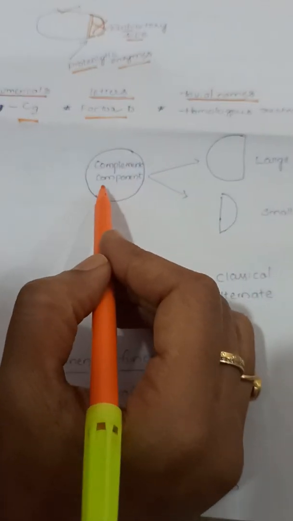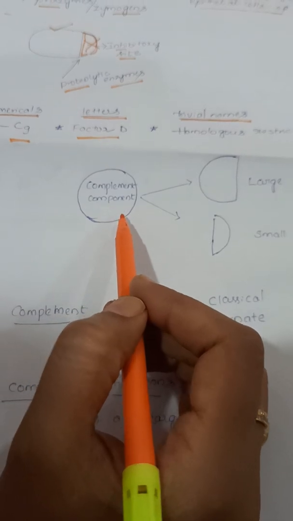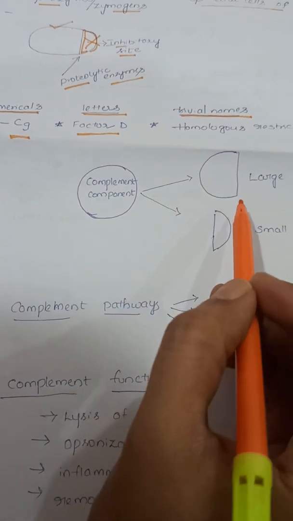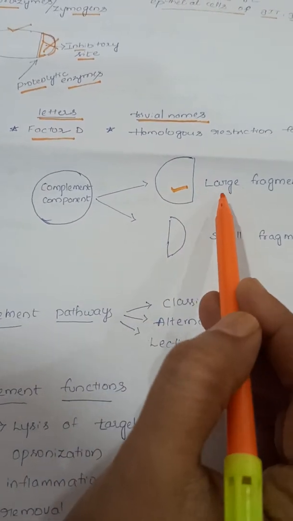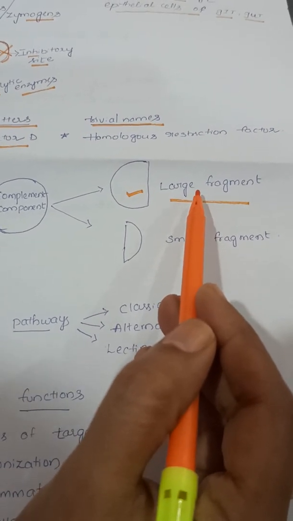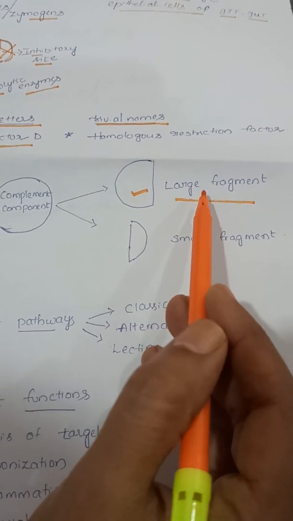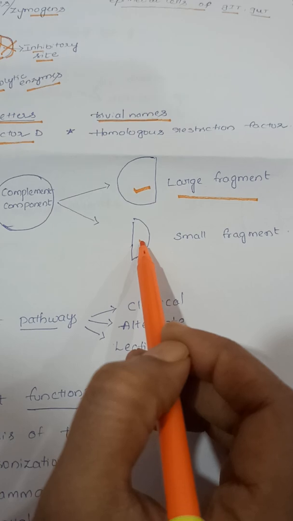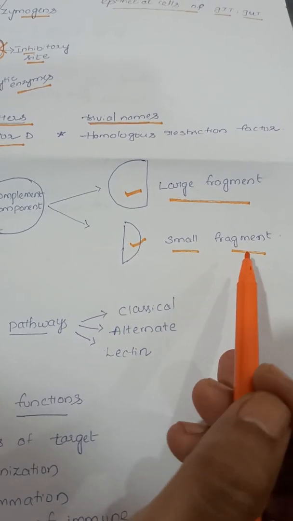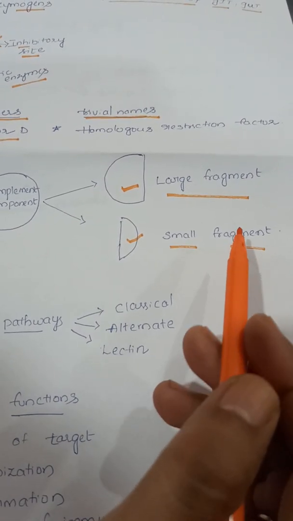These complement components usually undergo cleavage. When they are cleaved, they split into one large segment, which usually goes and binds to the target that has activated the complement. The other, smaller fragment diffuses away, and it is responsible for localized inflammation.